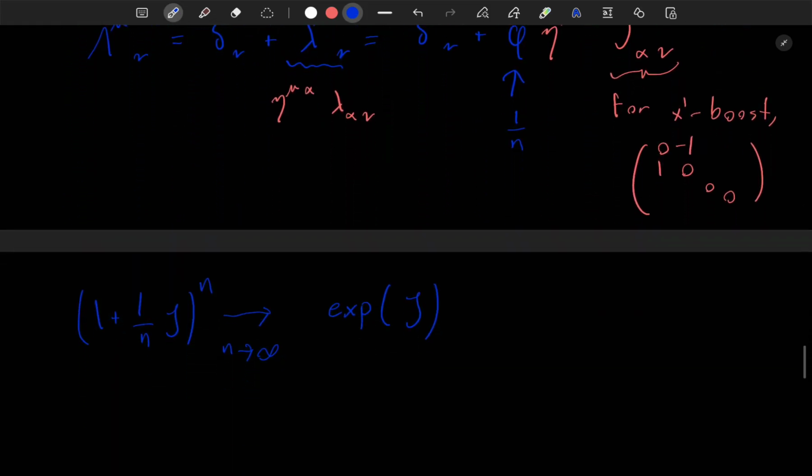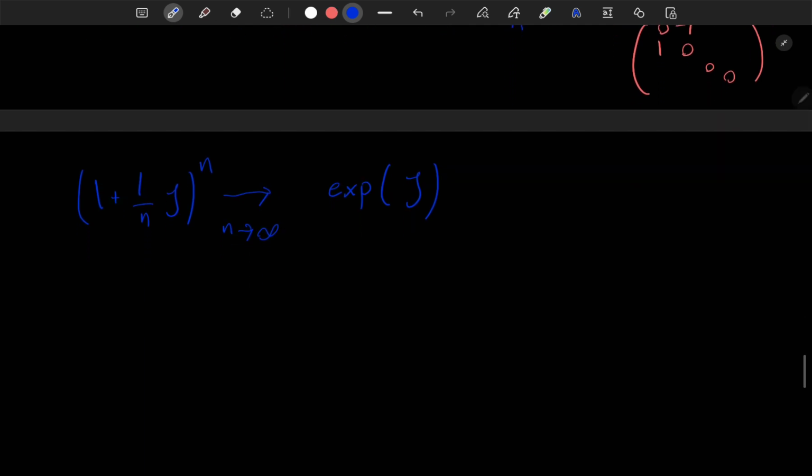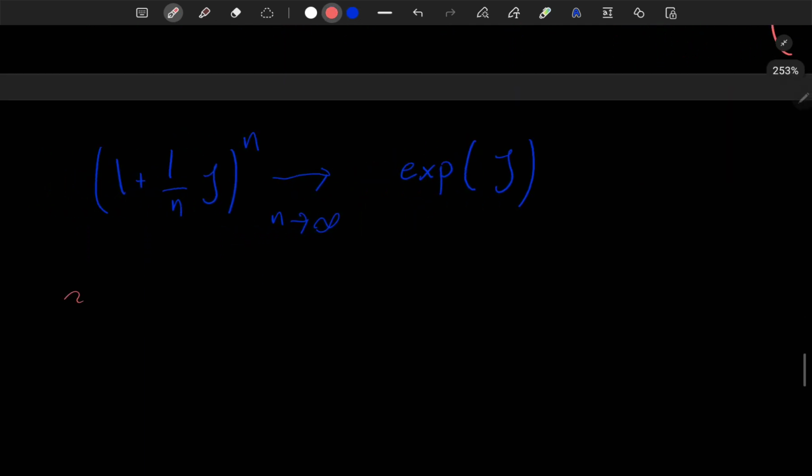Okay. We're very close. Very close. So, in our case, we want the exponential of, oh, we want this for a finite transformation.